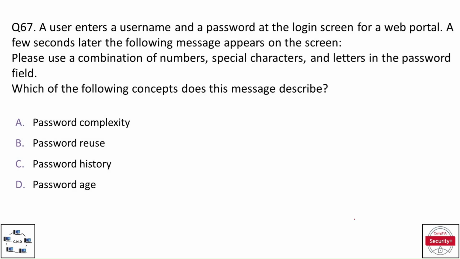Question number 67. A user enters a username and a password at the login screen of a web portal. A few seconds later, the following message appears on the screen. Please use a combination of numbers, special characters, and letters in the password field.